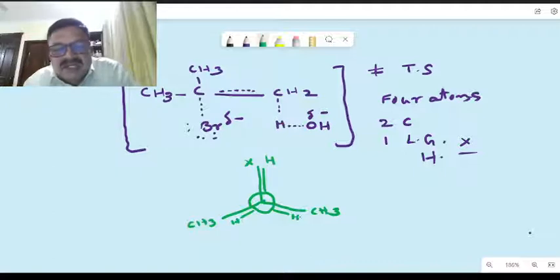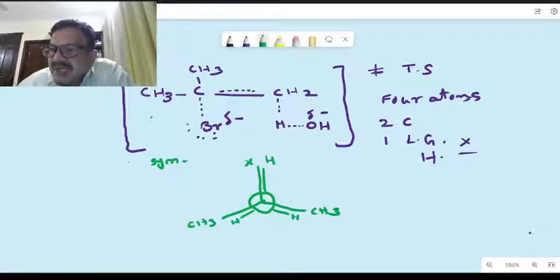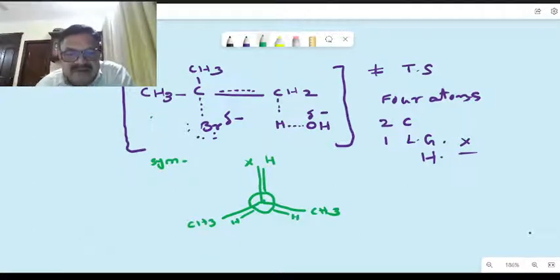So here the dihedral angle, this is the syn periplanar geometry, that is the eclipsed conformation. This is the eclipsed one, so the dihedral angle here will be 0 degree.